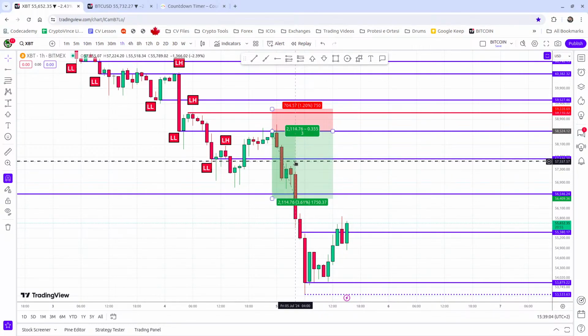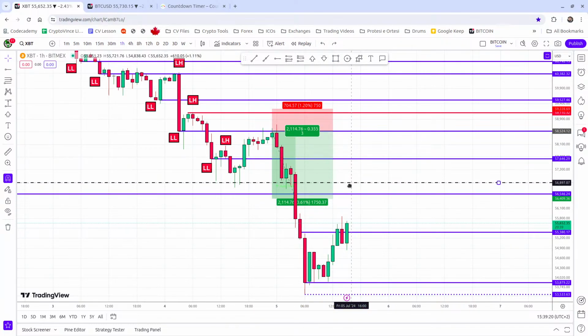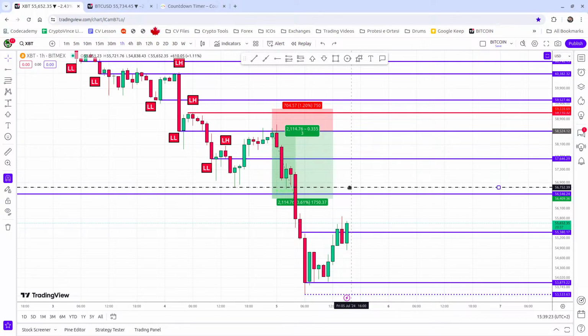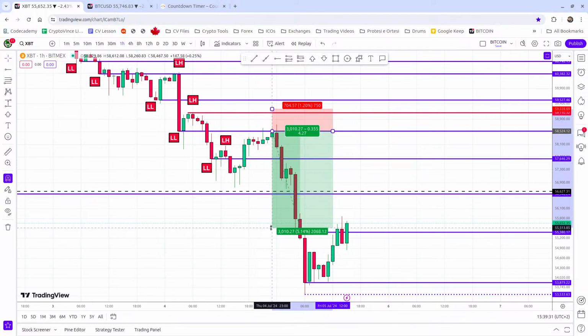I placed a stop and then went to sleep, and I closed the trade when it reached the target, but I could have made more, because if I was watching this live and I lowered my stop every time it added the 1 hour to the trade, I could have for sure made more, because this dropped all the way down here.